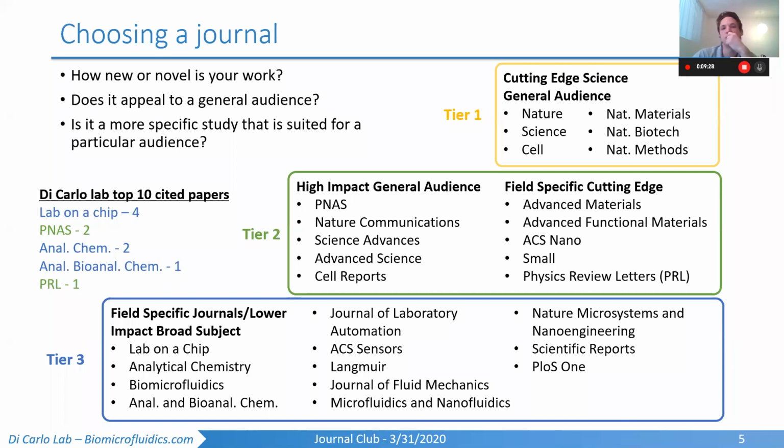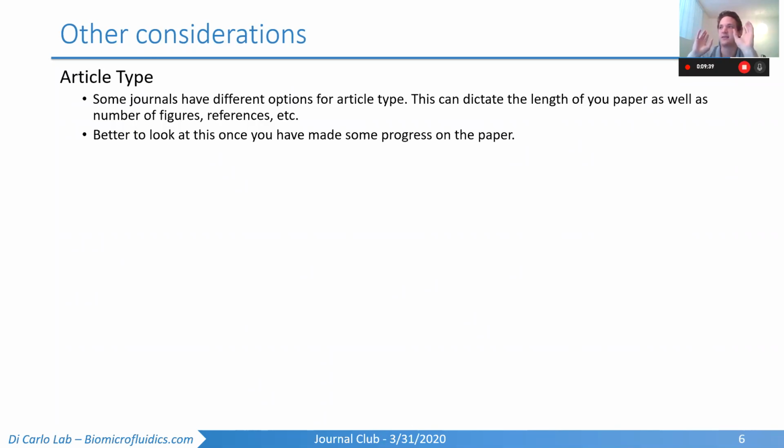Cool. So moving on, some other considerations. Some of these journals have different article subtypes, and these options will affect how many figures, how many references, and how many words you can have. So it's good to be generally aware of these before you start writing, and have some idea of what journal you would want to target with your work.